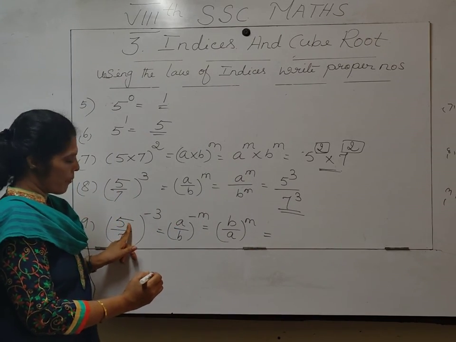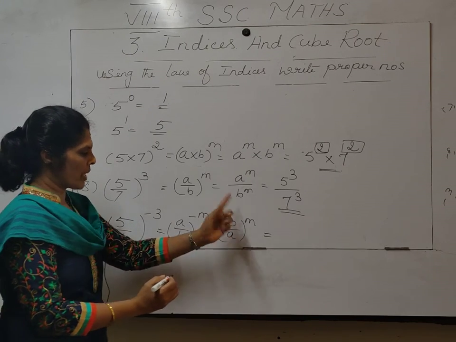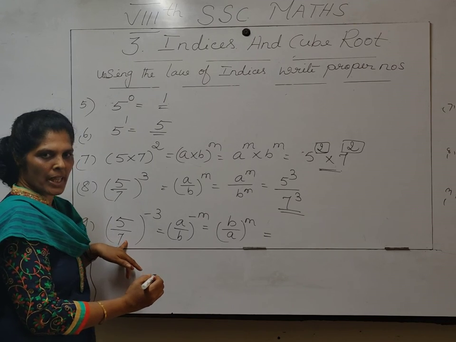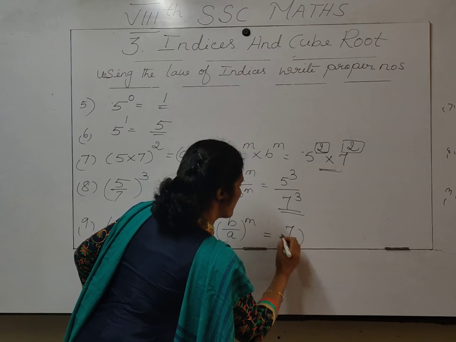The value of a is 5, the value of b is 7. सो हमारा रेसिप्रोकल में क्या हो जाएगा? 7 ऊपर जाएगा, 5 नीचे आ जाएगा, तो 7 upon 5 to the power 3.